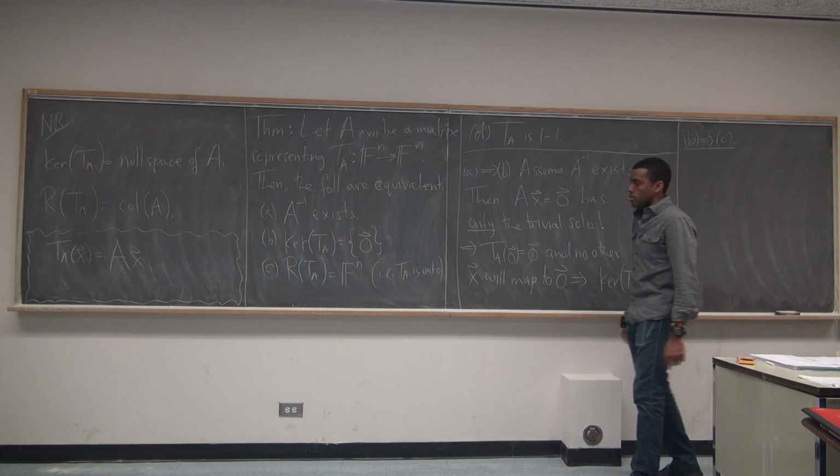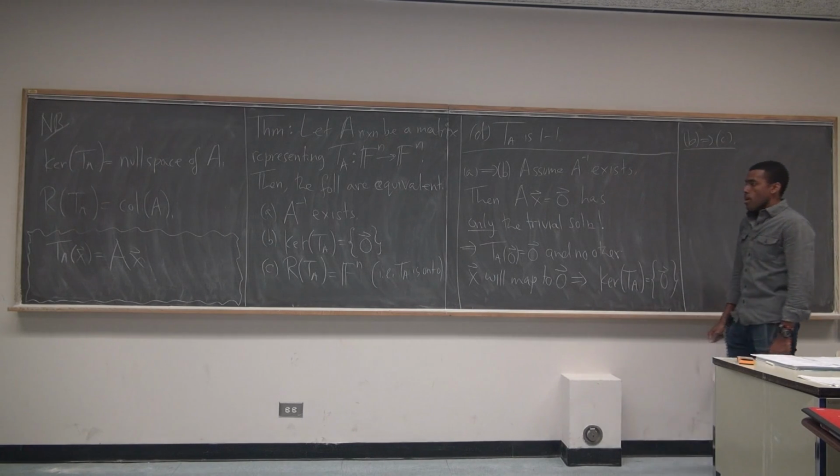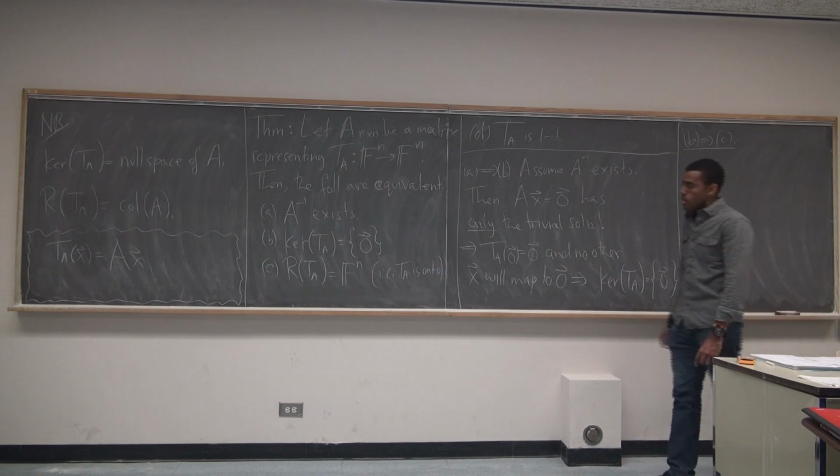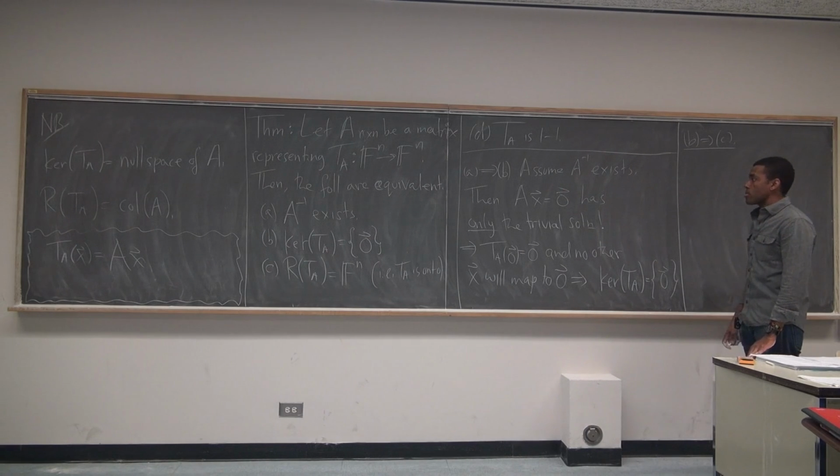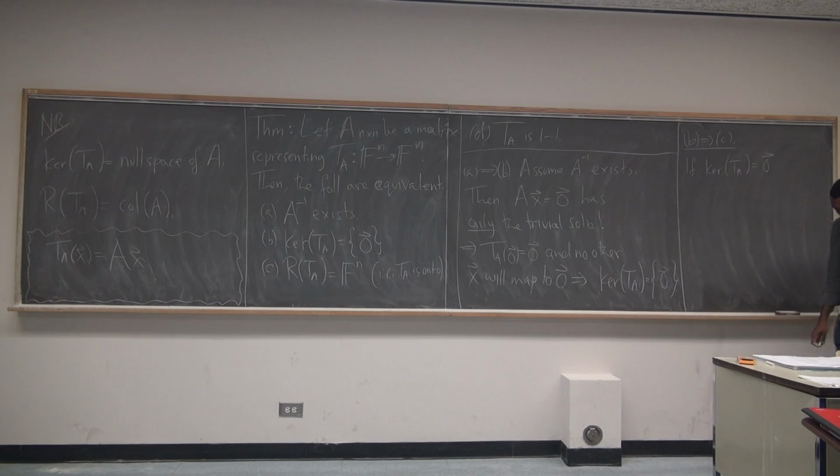What can you say about that? Now here you can talk about rank. It's probably not the only way to talk about it. So if we know that the kernel is 0, then that means AX equals 0 has only x equals 0 as a solution.